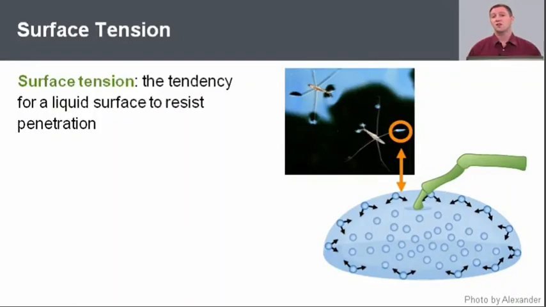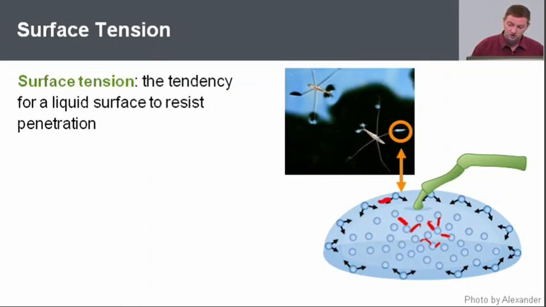Surface tension is another property of liquids, and this is the tendency of a liquid surface to resist penetration. Now, you're too heavy to walk on water, but many insects don't have as much mass and can effectively walk on the surface of a sample of water. Why? Because you have these interactions between molecules, pulling them together in the interior of a liquid.